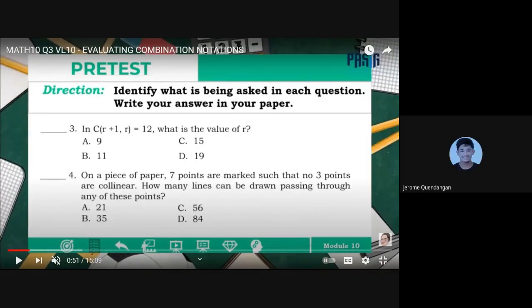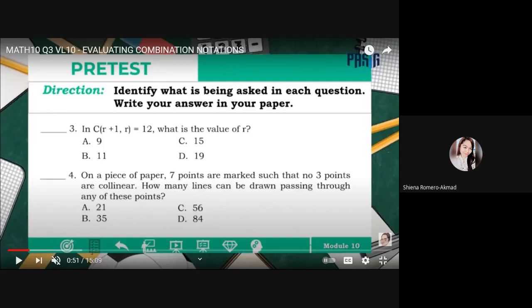Okay, correct. We are looking for the number of lines that we can draw through these 7 points, and to create a line, you have to connect 2 points. So that's why your r is 2 and your n is 7.